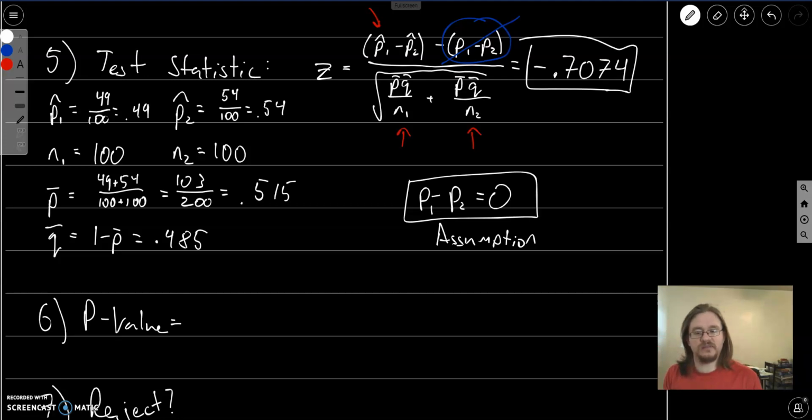So again, with our p-values, we're assuming that everything is normally distributed, and with a standard normal distribution, we've got 0. So negative 0.7074 is going to be about right here. And to find the p-value, we want to find the area outside of this guy.